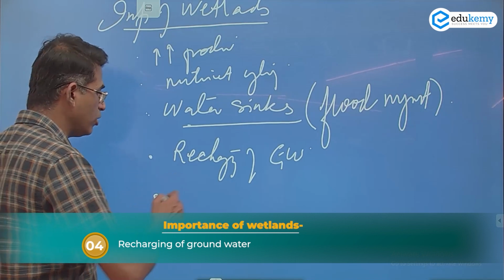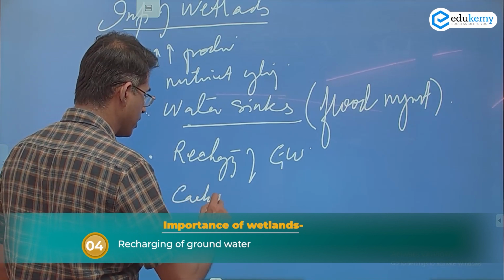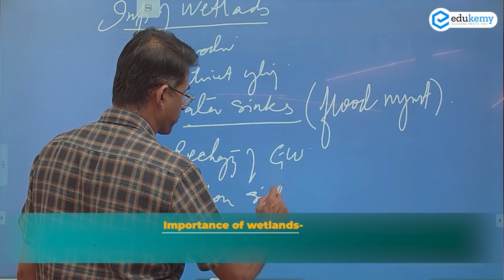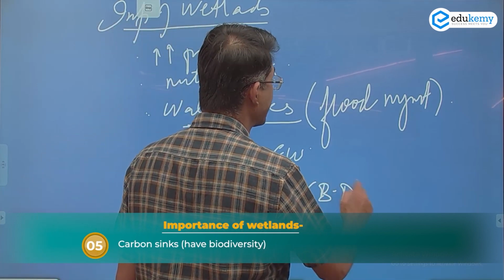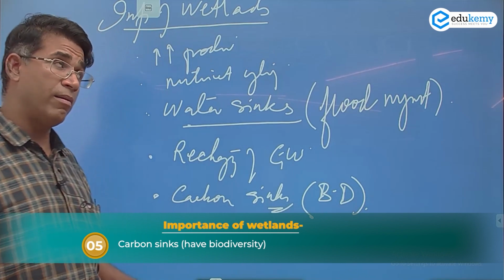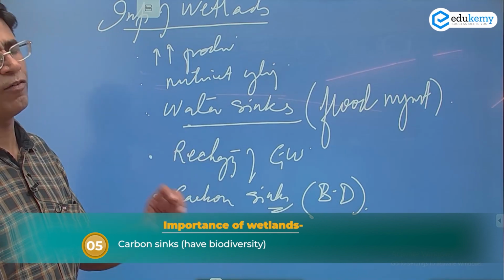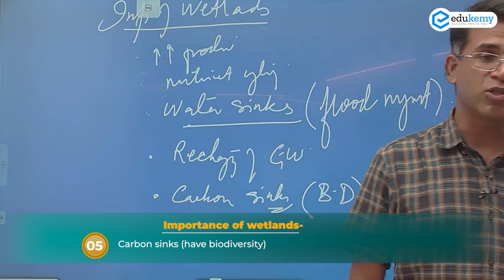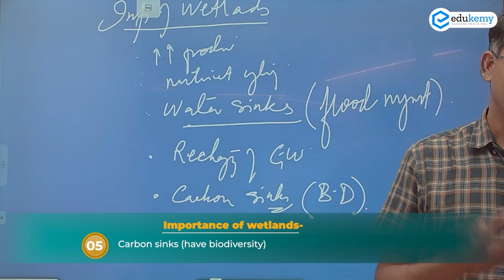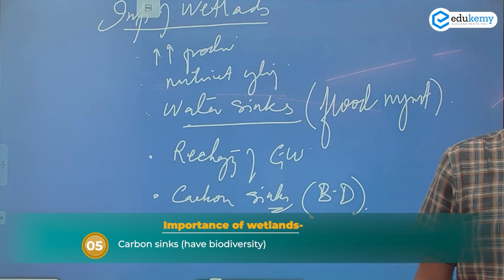Then wetlands are also carbon sinks. They're also carbon sinks because of the biodiversity they have. But they also are a source of greenhouse gases. Wherever we have got wetlands, there is a source of methane also. But they also absorb.